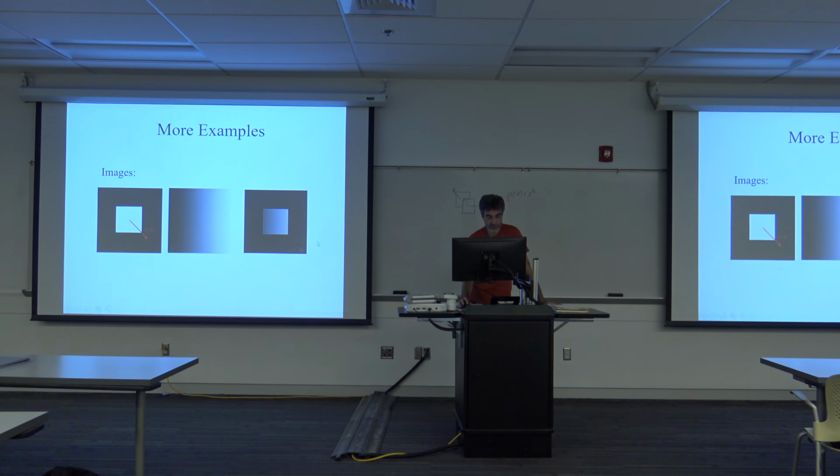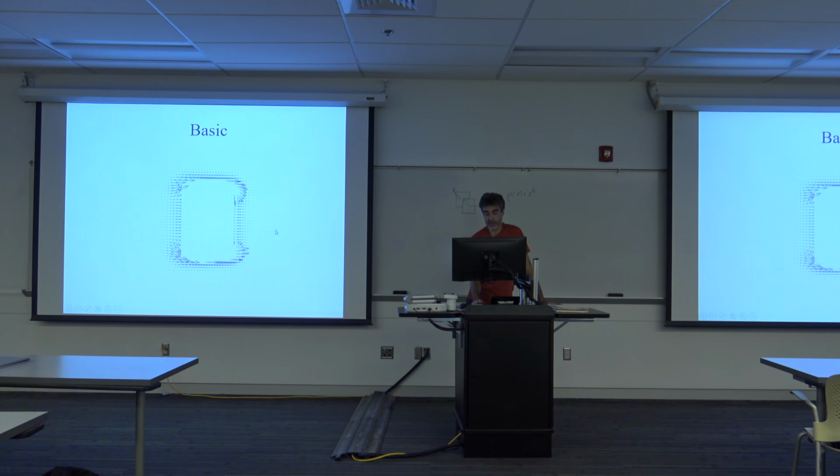So let's go back to this example I introduced a few minutes ago, where there's this white square that's moving in that direction, but I also multiply this by this illumination scalar, and I obtain this. And again, if I use the basic formulation, that's what you're going to get.